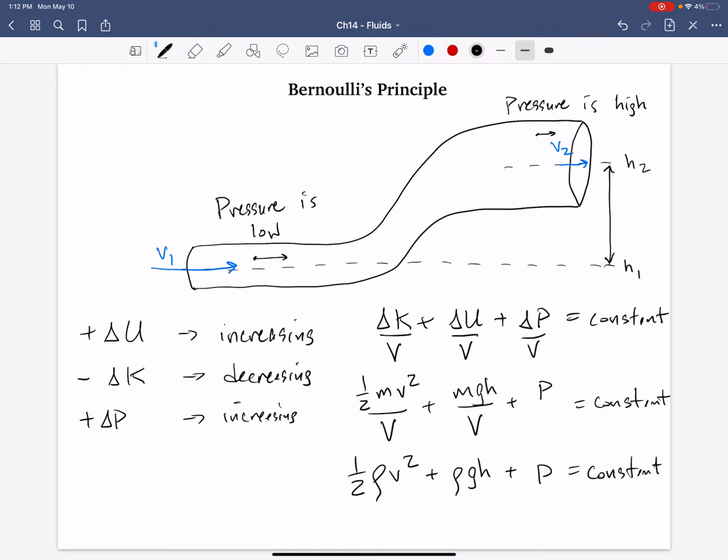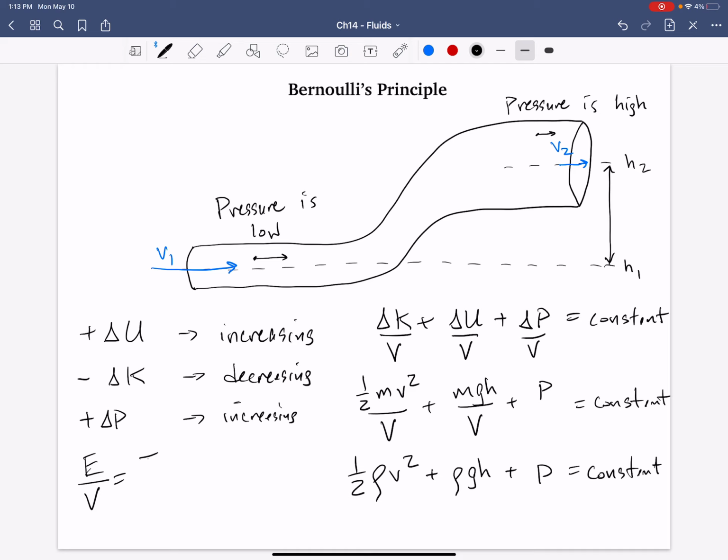Let's look at the units. 1/2 rho v squared is energy per volume. What are those units?